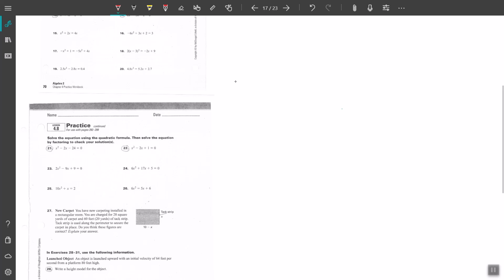So we'll start with identifying a, b, and c. All right, and we want the opposite of b, plus or minus the square root of b squared minus 4ac, all over 2 times a. All right, opposite of -2 is going to give us a +2.